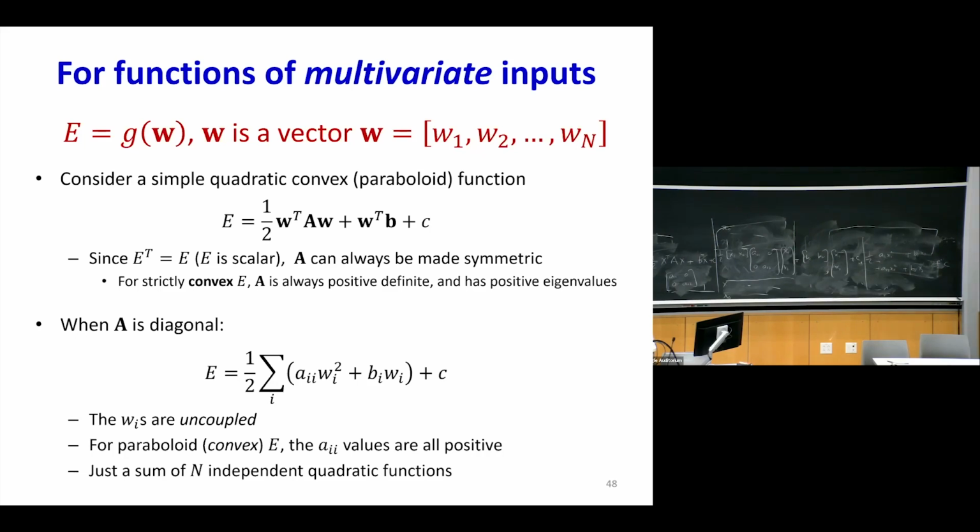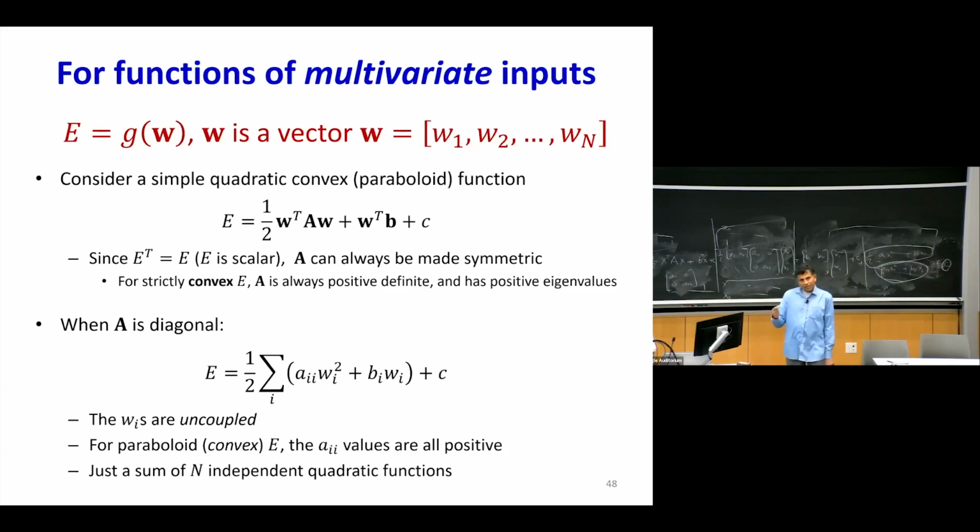Even if A is a full matrix, if I rotate this space, it's going to come back to the same form, okay? And so now this actually ends up being the sum of a half times a quadratic in x1 and a quadratic in x2 and a constant, right?